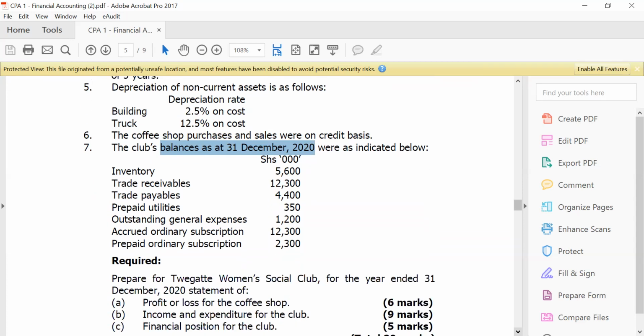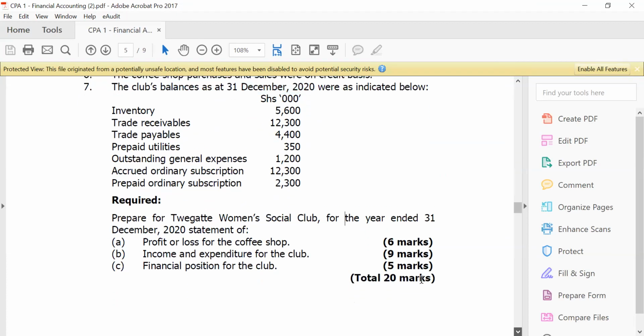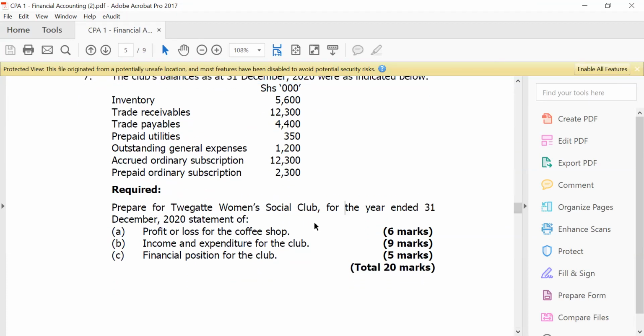So our question continues to ask us to prepare, for Twegate Women's Social Club for the year ended 31st December 2020, a statement of profit or loss for the coffee shop, income and expenditure for the club, and they also want us to draw up the statement of financial position for the club.